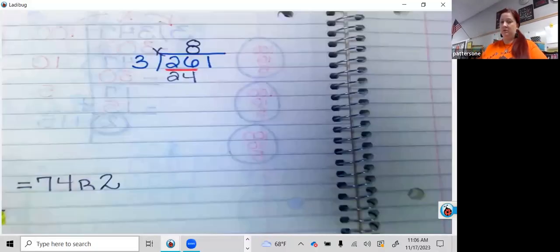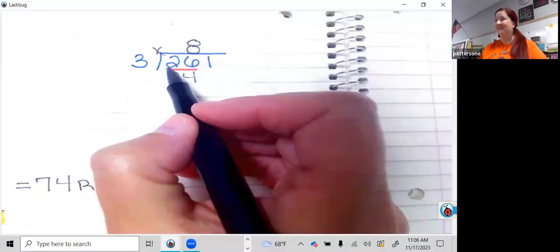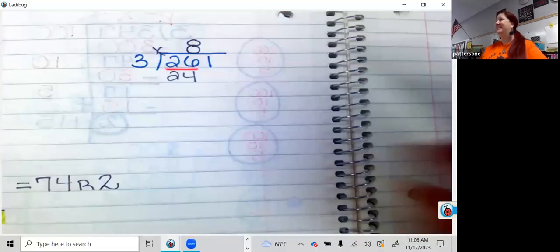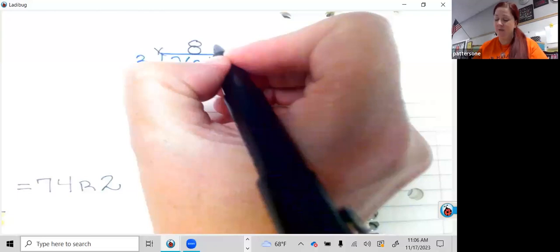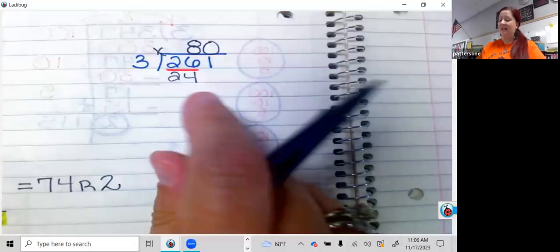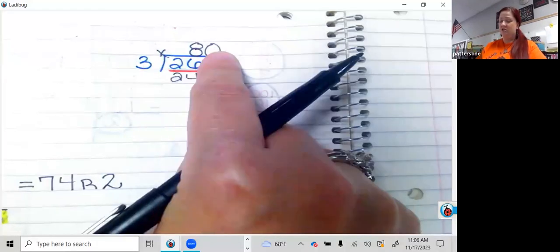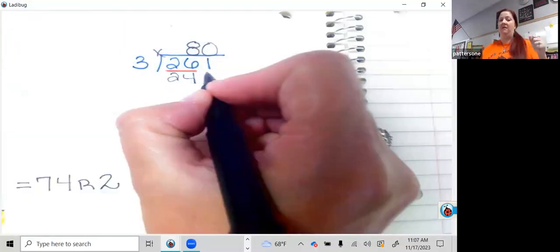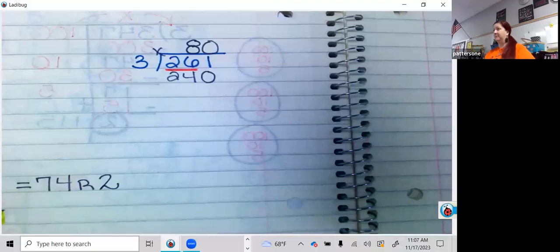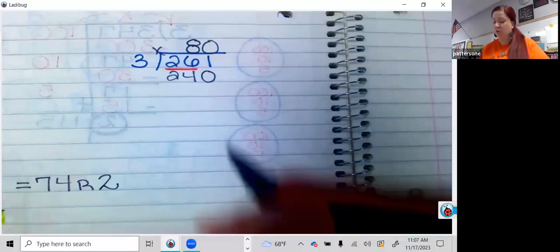24. But this isn't just 26 ones, it's 26 tens. So I'm going to slap a 0. So it's 3 times 80 should be 240. Now I subtract.